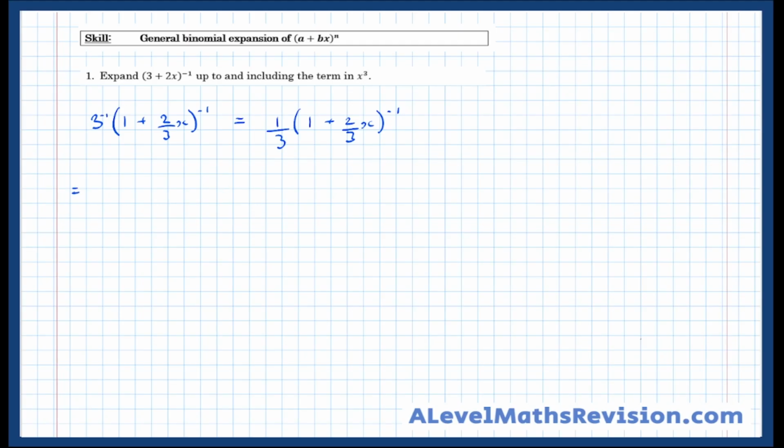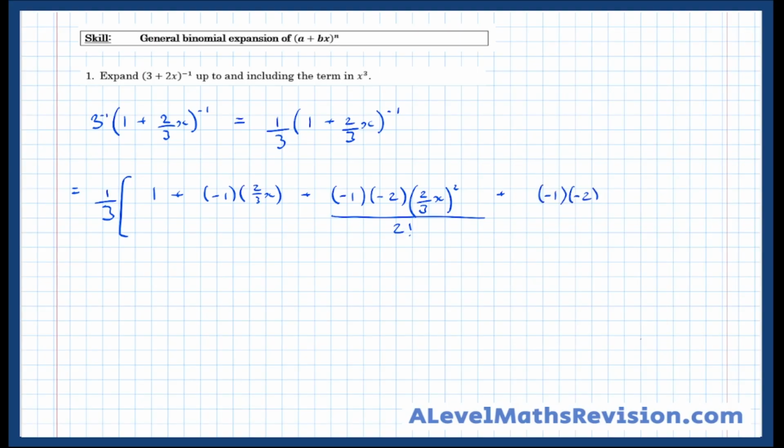So equals 1/3, then we've got 1 plus n, then the x term, which is 2/3 x, plus n(n - 1), the x term squared, over 2 factorial, plus n(n - 1)(n - 2), x term cubed, all divided by 3 factorial.